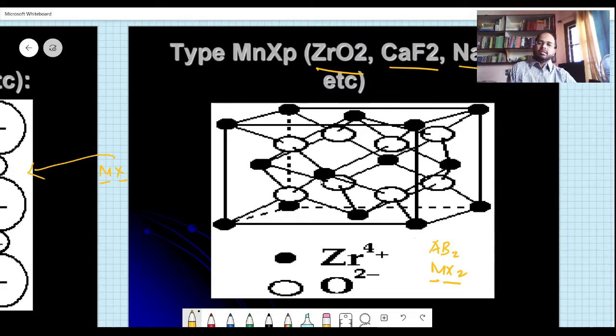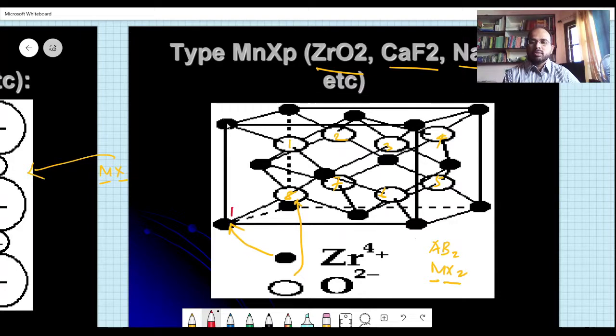So you can see that in this particular structure Zr4 plus is this one, and oxygen is this one. So where do you have this defect? You count the number of oxygen atoms: 1, 2, 3, 4, 5, 6, 7, and 8. So they are exact, and the required numbers are already there.